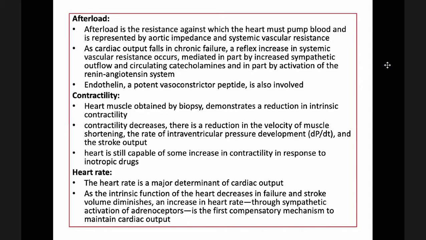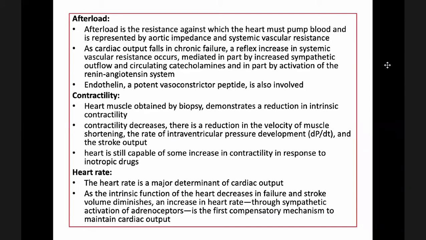Meaning to say, if it is dilated and stretched, just like your rubber band, once it is stretched there is loss of elasticity. So there is no more recoil.